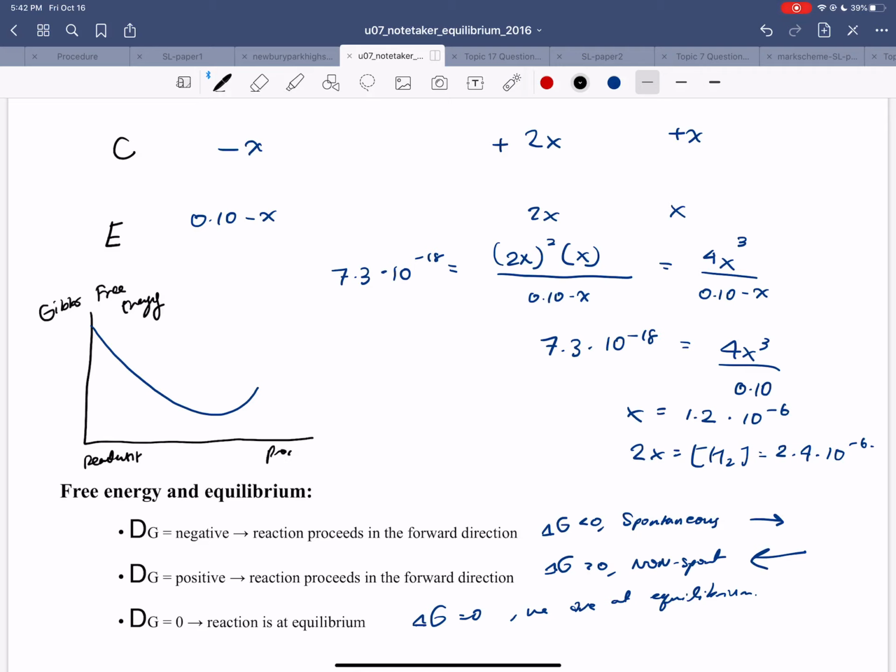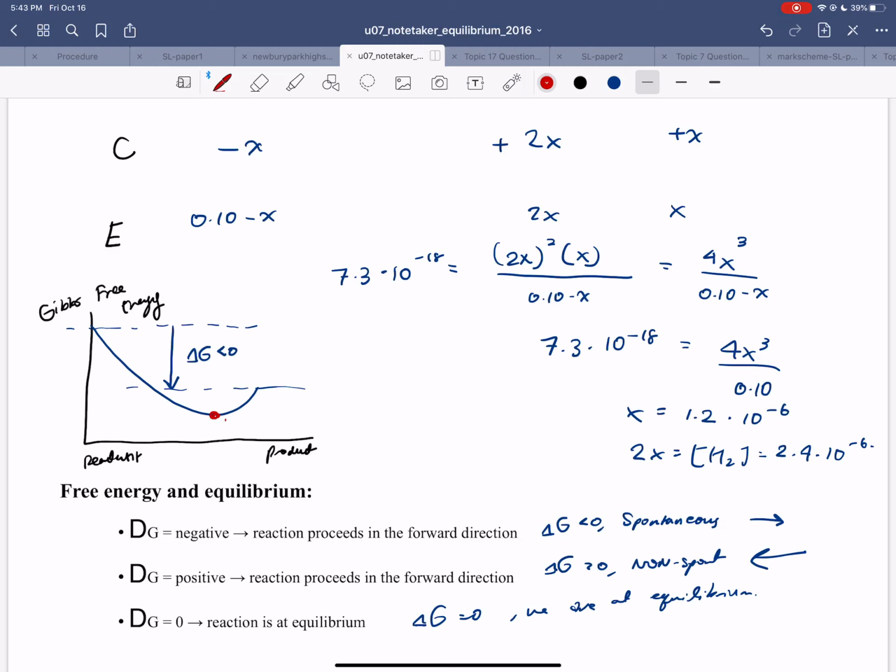This is the product side. The change in Gibbs free energy, first of all, between the reactants and the product would be this right here, such that delta G is less than 0 or is negative. Another thing to notice is that equilibrium occurs right here, where delta G, the change in G, or the gradient of G, is 0. It's a minimum point.